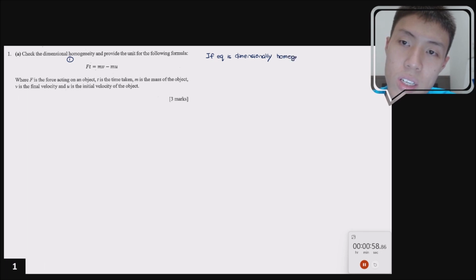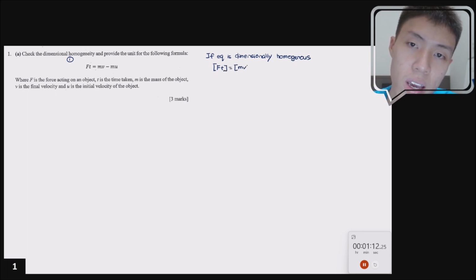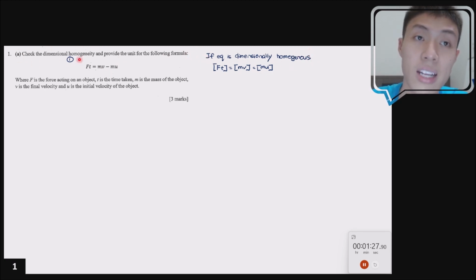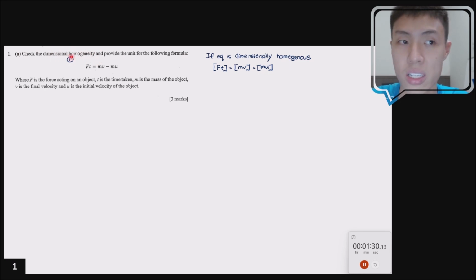If it's homogeneous, what will happen is the dimension, represented by square brackets, of Ft here will equal the dimension of mv, and it should also equal the dimension of mu. Basically, all the terms inside this equation should share the same dimension, and if they share the same dimension, we can say that the equation is dimensionally homogeneous. That is considered a dimensional homogeneity check.